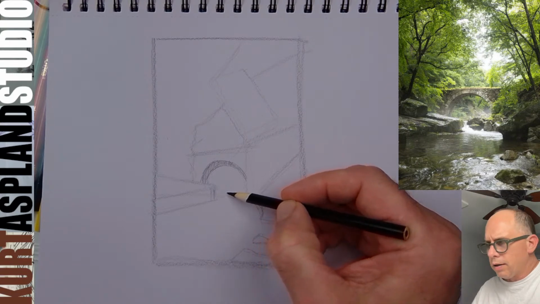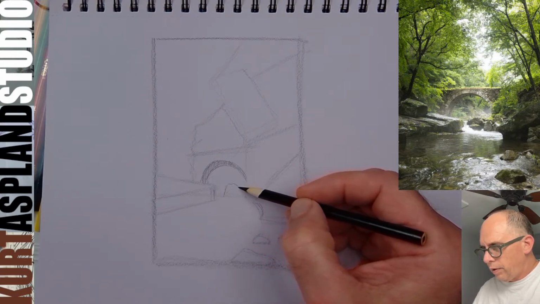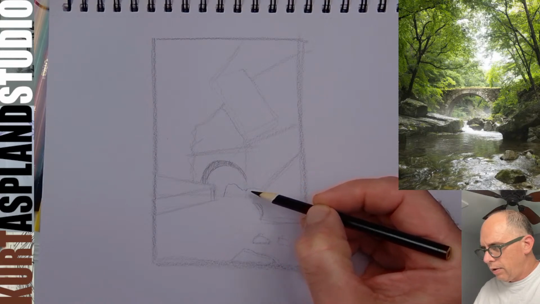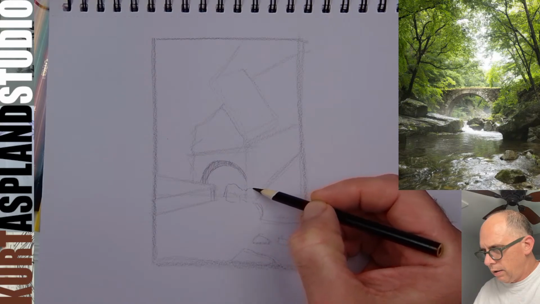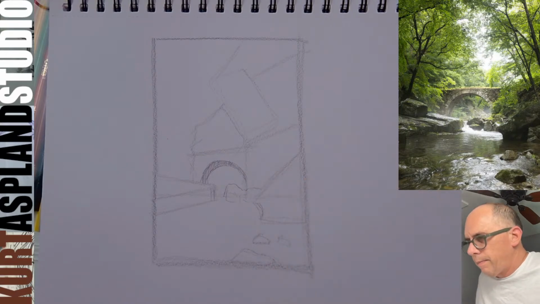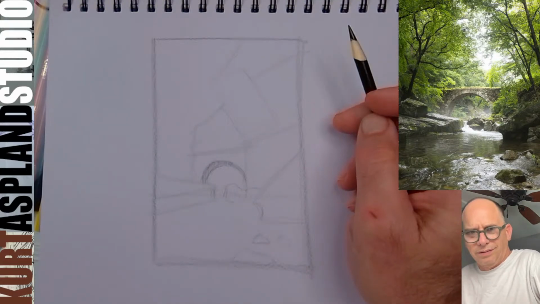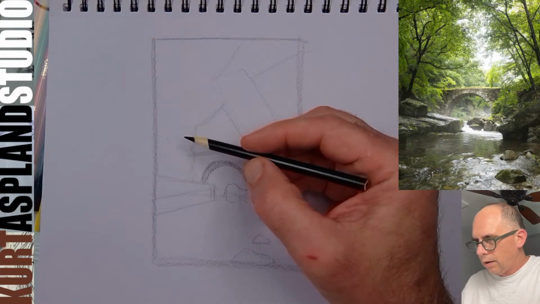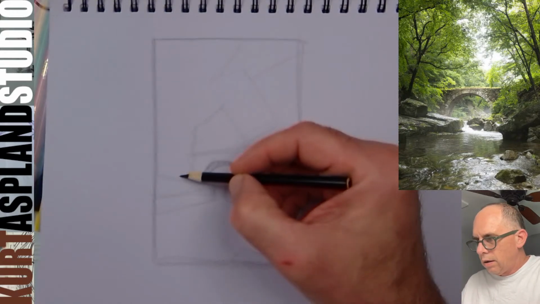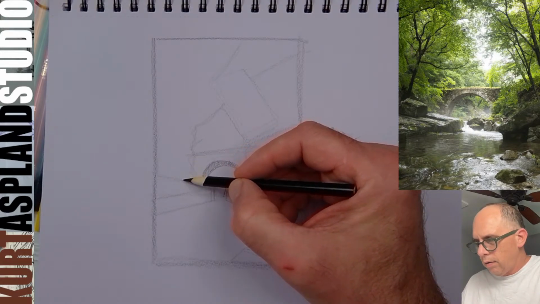Right, this edge of the rock there, let's come over here and put some shapes. These are going to be the other rocks on the other side. Okay, let's get this rock that's leaning over here, so let's go on the first edge.